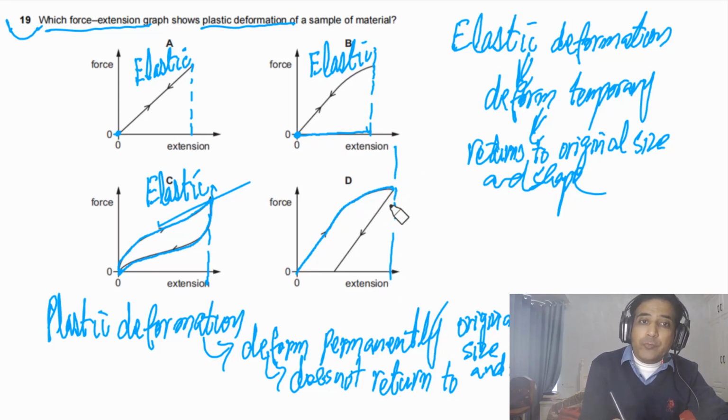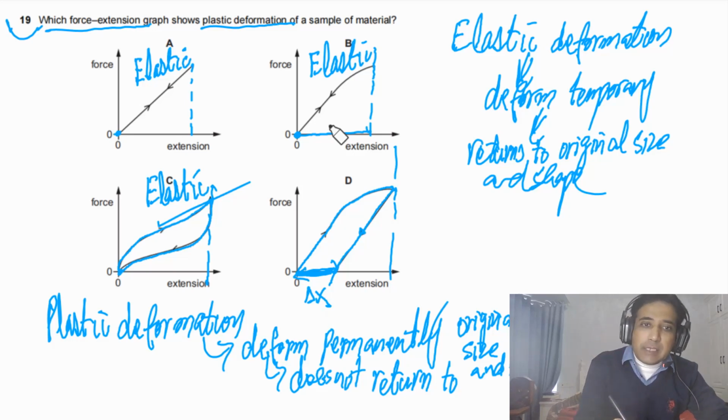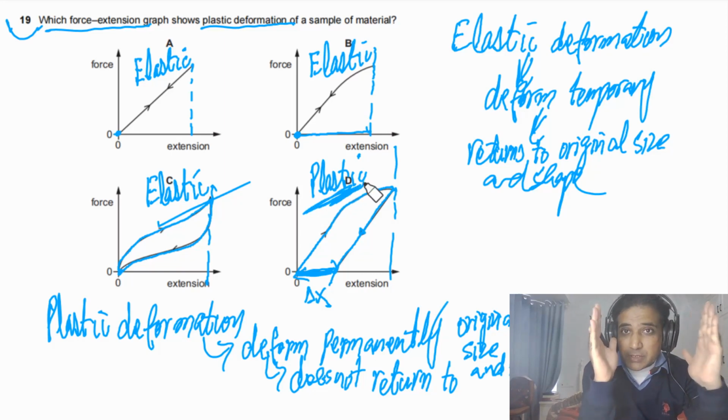But after removing the force, when the force is 0, it still has this much extension. So this is the remaining extension when the applied force is equal to 0. It means it has been deformed permanently, so this is plastic deformation. I hope this is clear to you. Now you understand what elastic deformation and plastic deformation are.